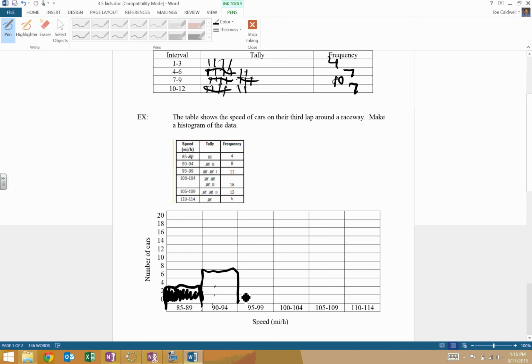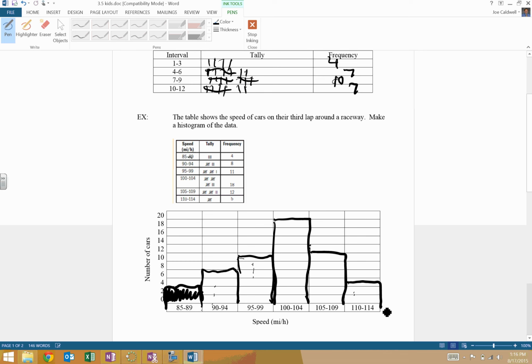So 2, 4, 6, 8, 10, and so 11 would be right in there somewhere. 100 to 104 would be 18. At 105 to 109, there were 12. And 110 to 114, only 5, 2, 4, 5.